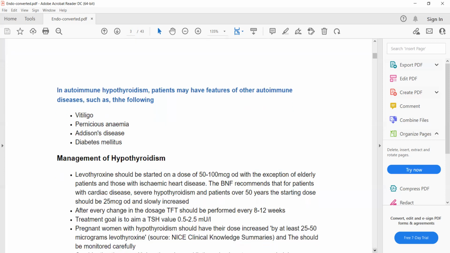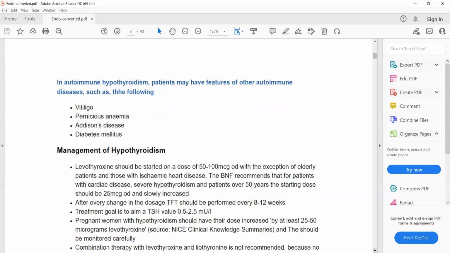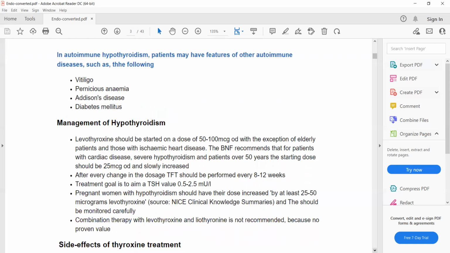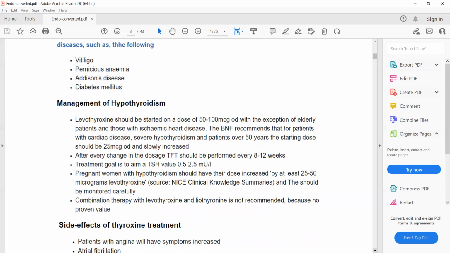Thyroid function tests are repeated after 12 weeks or every 3 months, and the disease monitoring is done through the TSH level. The treatment goal is to aim at a TSH value of 0.2 to 2.5.